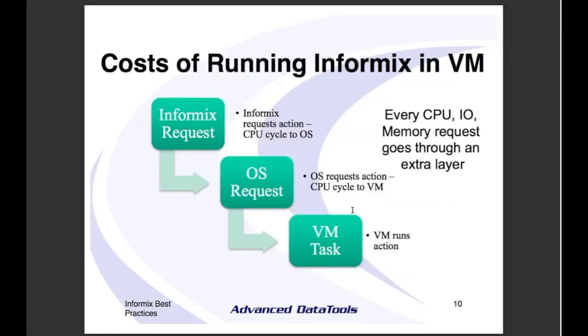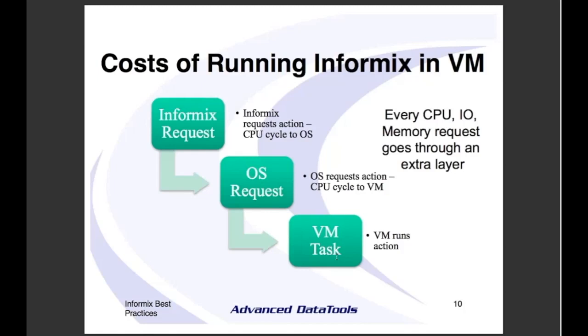Now, the simple way to think about the cost of running Informix in the virtual machine. Informix has a request for some CPU time or for some disk. It sends that request out to the OS. On bare metal hardware, the OS will respond and give that data back to Informix. In a virtual environment, the OS then sends that request out to the virtual machine task manager.